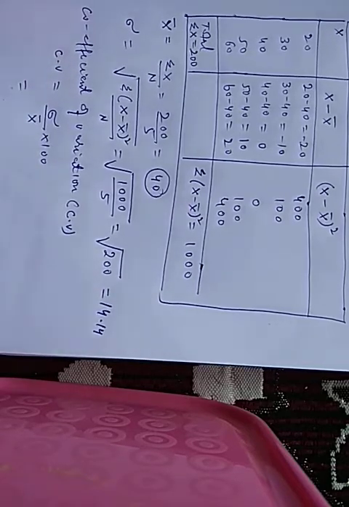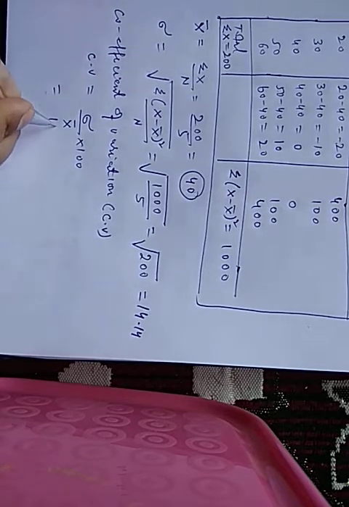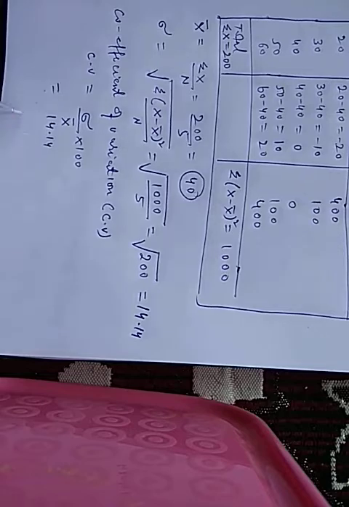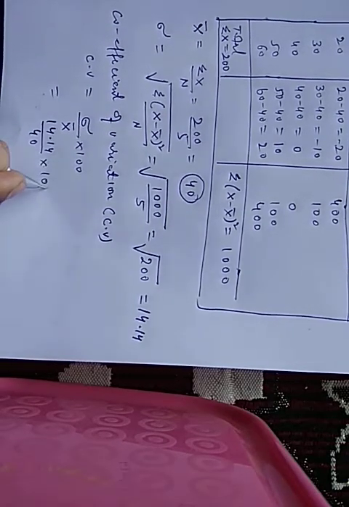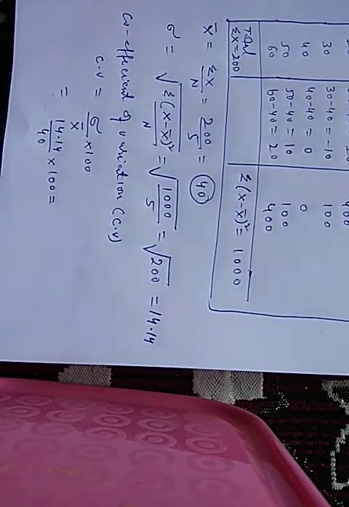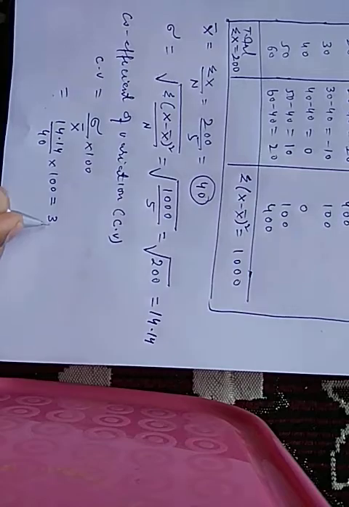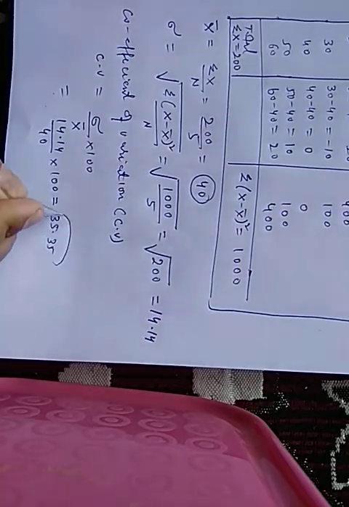It will be equal to the standard deviation, 14.14, and the value of arithmetic mean, 40, multiplied by 100. It will be equal to 35.35.